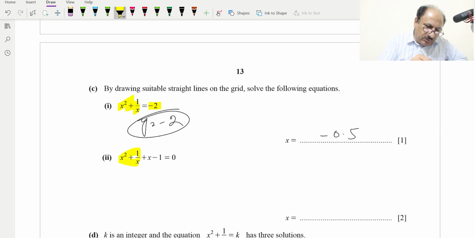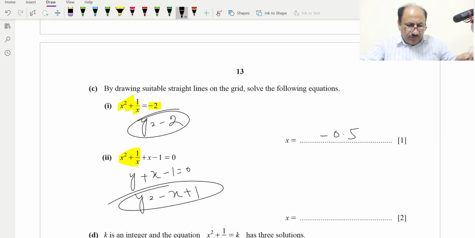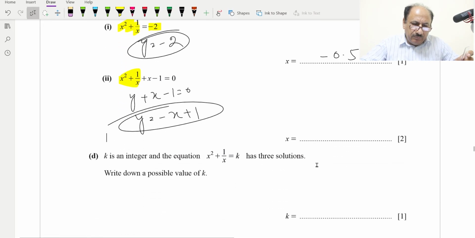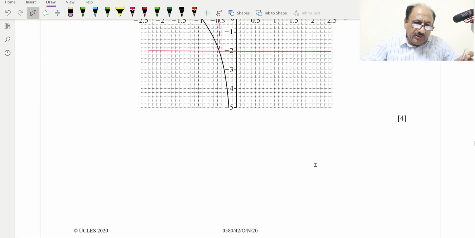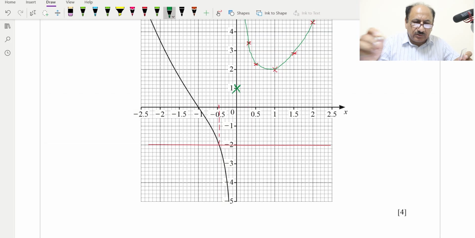This up to this one is our y value basically. So we can write this as y plus x minus 1 is equal to 0, or we can write y is equal to minus x plus 1. Now we will be drawing this line, and to draw this line, plus 1 means y intercept. So y intercept is plus 1, so this is passing through this point which I have marked for you.